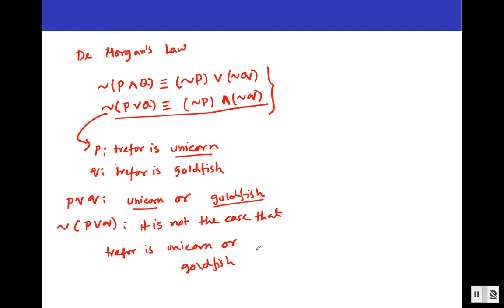Okay, now let's find out not P means Trevor is not a unicorn. Not Q means Trevor is not a goldfish.